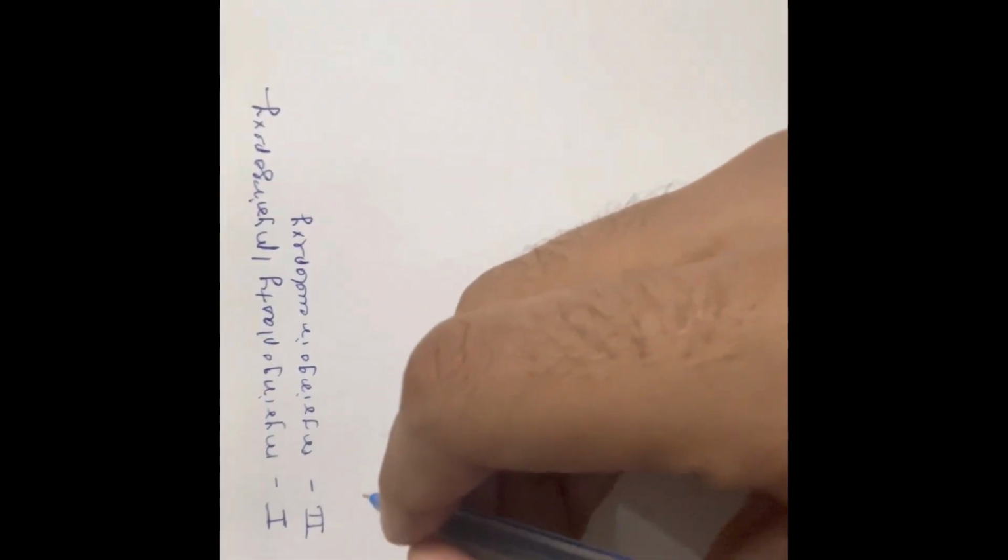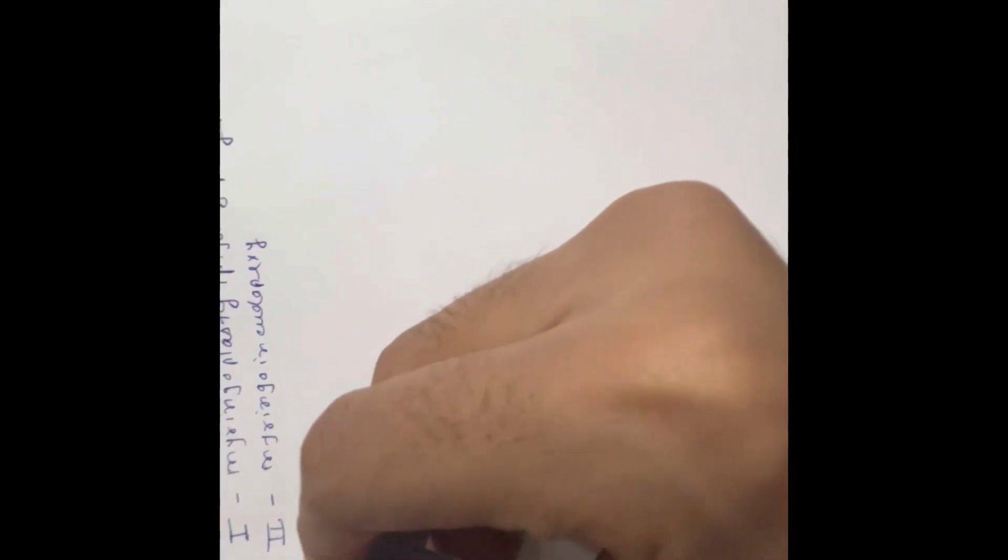Then type 3. In type 3, the tympanic membrane is also ruptured and malleus is also destroyed and incus is also destroyed, but stapes is intact. Hence, we will make a new tympanic membrane, that is, we will make a tympanic membrane graft and attach with the stapes.